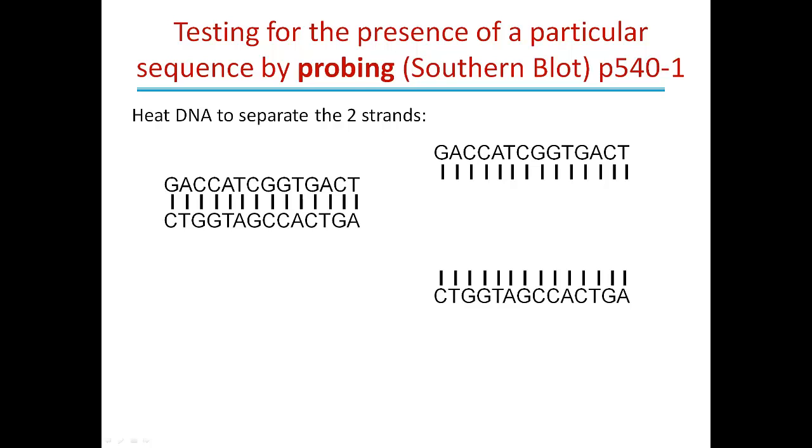When you isolate DNA, if you heat it up, you can separate the two strands. So here's the double-stranded DNA, and if you boil that DNA, it separates into these two single strands. Then you can use something like a radioactively labeled probe, as it's called, to complementary base pair with that particular sequence to locate that particular piece of DNA with that complementary sequence.